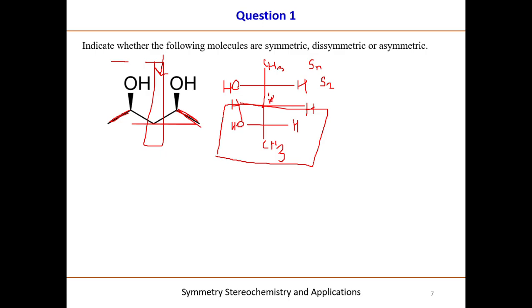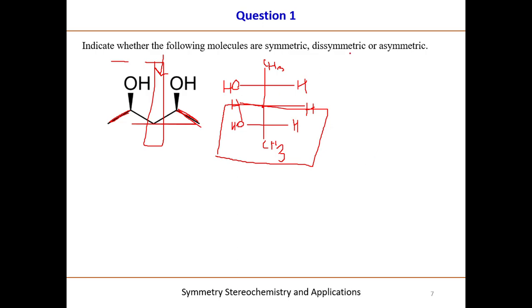A center of inversion is not present, but the S2 axis is present here. Here you can cross check it. Here a plane of symmetry is present.